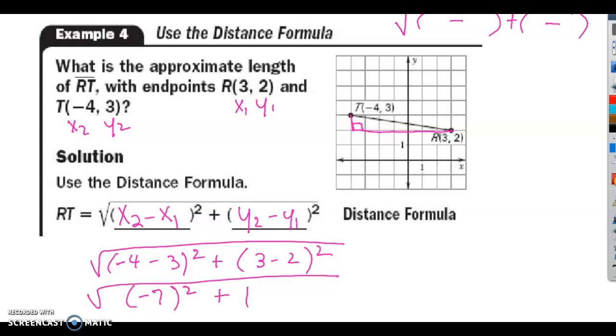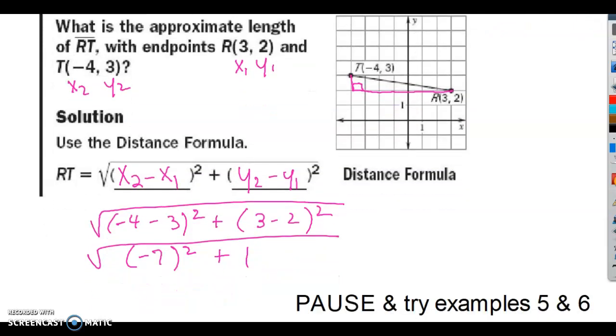When you square a negative number, a negative times a negative is a positive. So that is 49, not negative 49, but positive 49 plus 1. So that's the square root of 50, which is approximately, if you throw that into a calculator, 7.07.